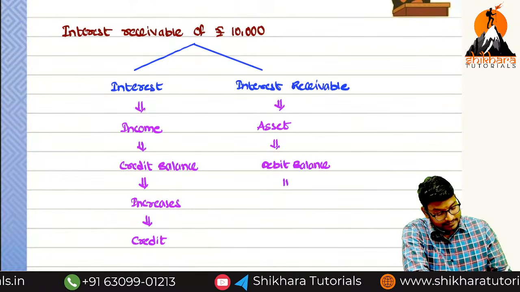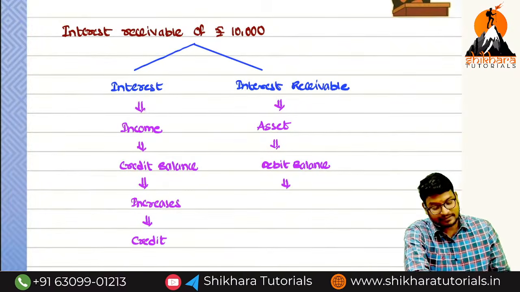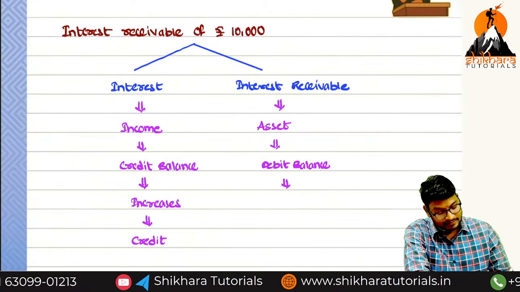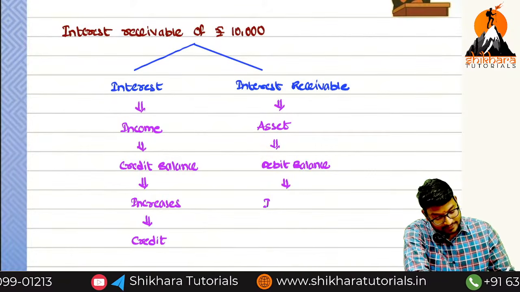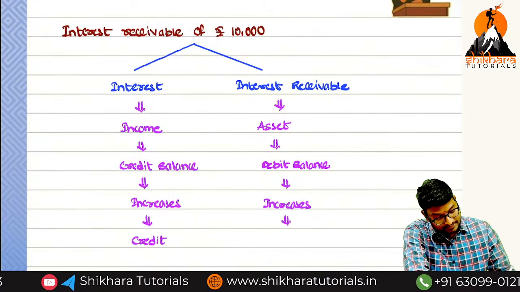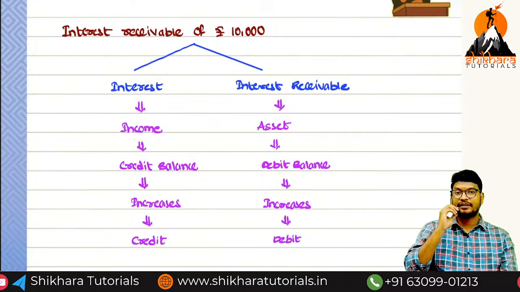Now, just now this asset is created. Previously, we did not have any such interest receivable asset. Just now it is created. So created means increases or decreases? Increases. So when the debit balance increases, what do we have to write? Debit. So what is the journal entry for this?